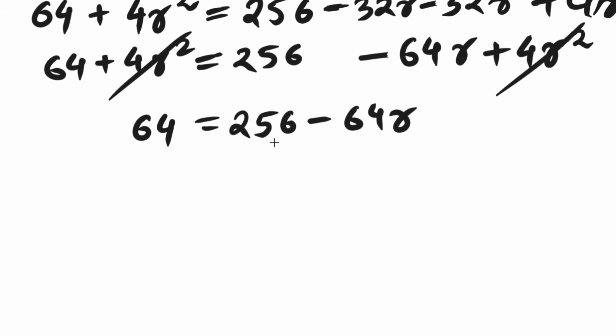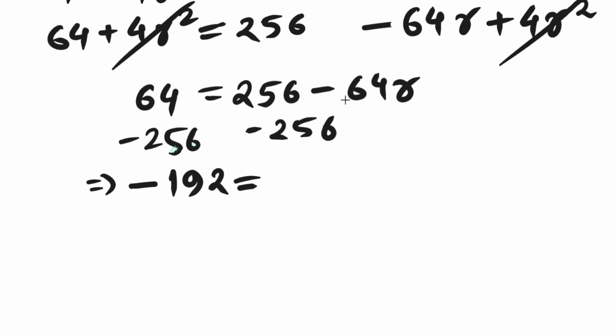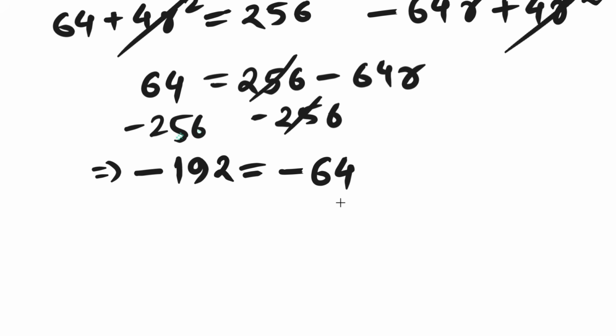So I subtract 256 from both sides. On the left, 64 minus 256 gives negative 192. On the right, the 256 disappears, leaving negative 64r.